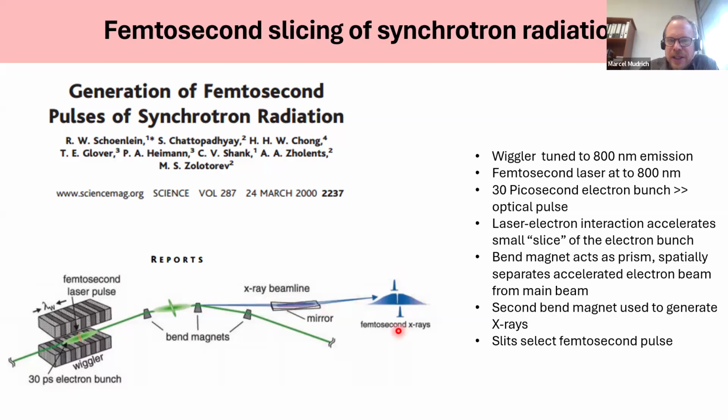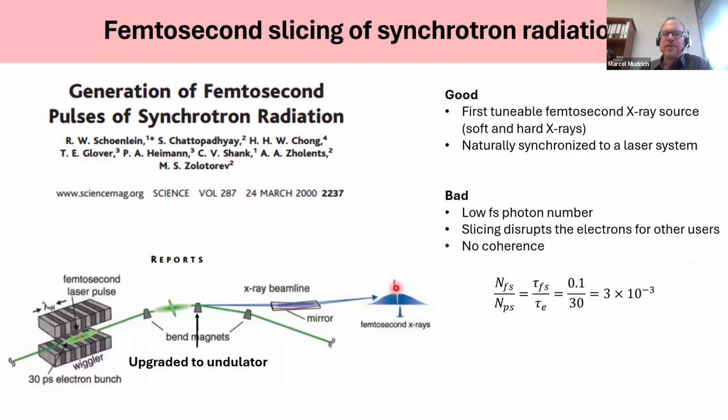That's represented here. We have the main picosecond pulse, which then has a hole where the femtosecond laser has carved out this slice by energy modulation and slightly displaced from the main beam, and we get this femtosecond pulse. So this is actually a way to produce femtosecond X-ray pulses.